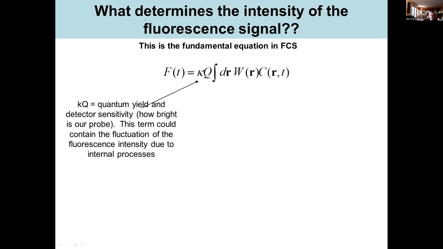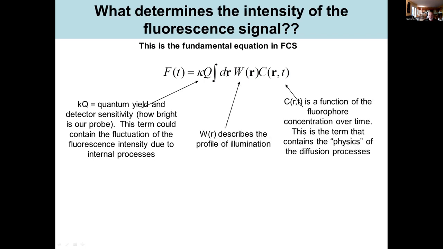So I say KQ depends on the instrument, but the other factor depends on what is changing the concentration, and that depends on how the volume is illuminated. Those are the terms that I will use. But if I know the volume of illumination and I know the physics of the process, so what changed the concentration, I can calculate this quantity and can calculate the fluctuation in the fluorescence signal.